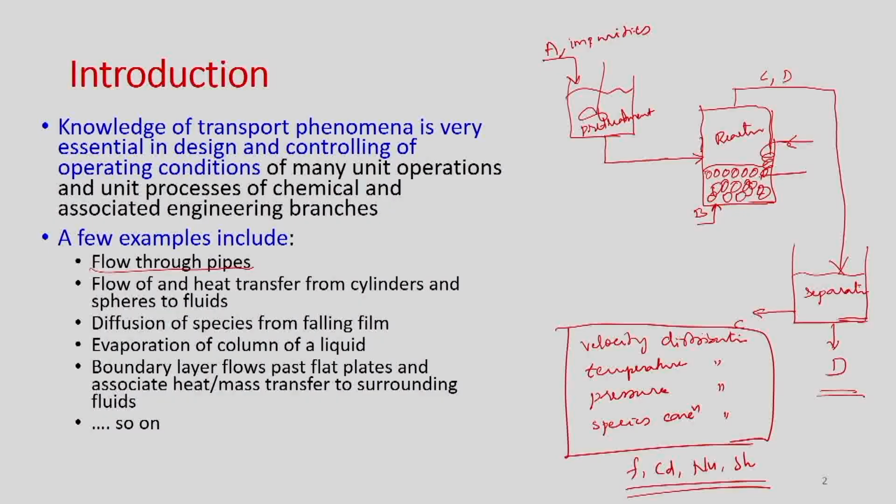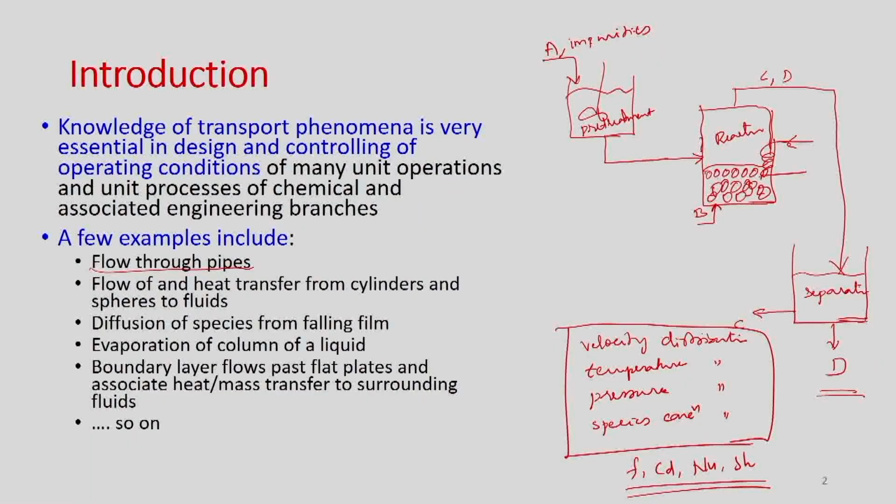Then also we have flow and heat transfer from cylindrical particles and spherical particles to surrounding fluids, diffusion from falling film, like in paper industries or some polymer industries, evaporation of a column of liquid, sometimes boundary layer flows past flat plates, associated heat and mass transfer to the surrounding fluids, and so on.